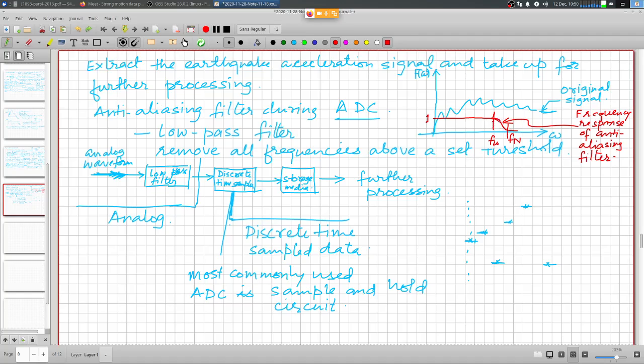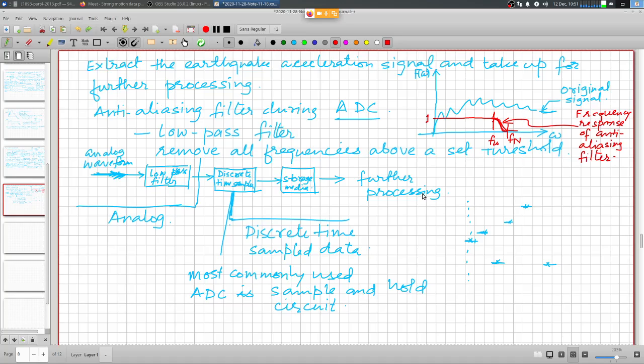So there will be some kind of transition zone, and the degree of this transition zone depends on the poles or the filter design. We will not get into the details of the design of these analog filters, but suffice it to say that it depends on the smoothness and sharpness of this roll off, how quickly it can get to zero.